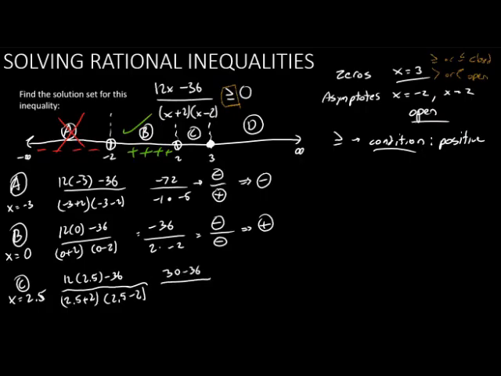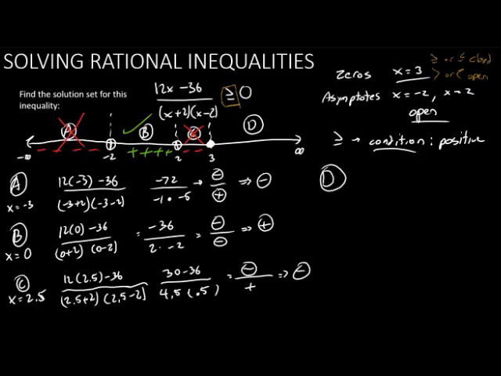On bottom, we'll take 2.5 plus 2, which is 4.5, multiply by 2.5 minus 2, which is 0.5. On top, 30 minus 36 will give us negative 6, which is a negative answer. On bottom, 4.5 times 0.5, they're both positive numbers, so we'll get a positive, and a negative over a positive returns a negative answer. Therefore, region C is negative. That does not fit our condition, so region C will not be part of the answer.